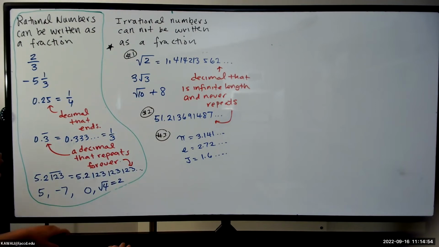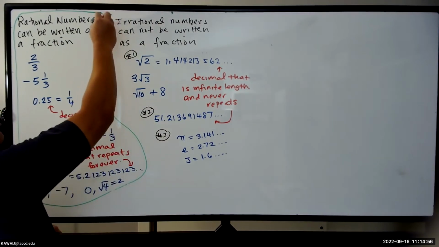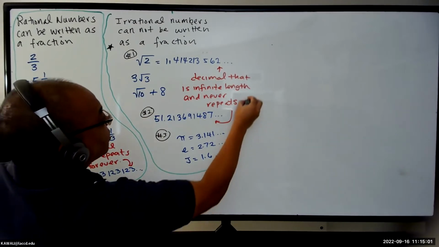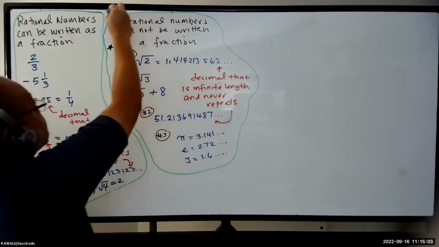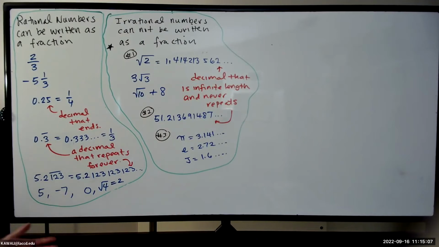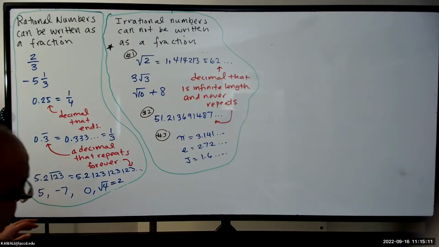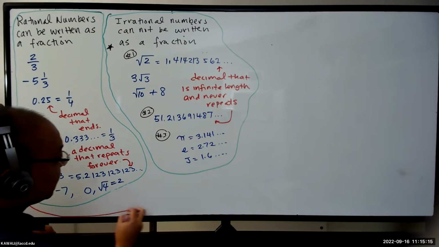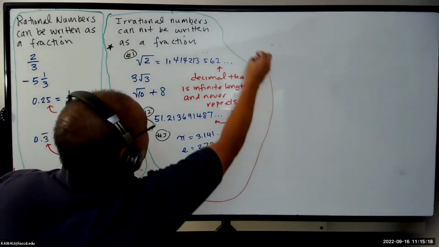Okay. So these are 2 separate groups. You're either rational or you're irrational on your test. Now, everything on your test is real. So no matter what, you always click real. So the group that contains both of these are real numbers.